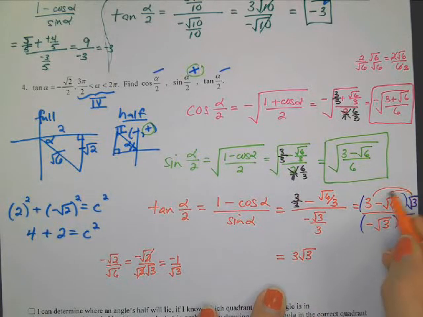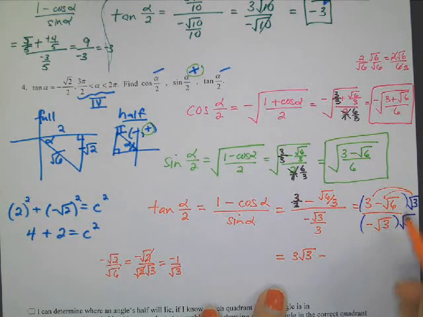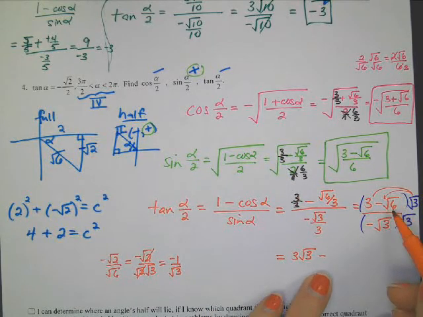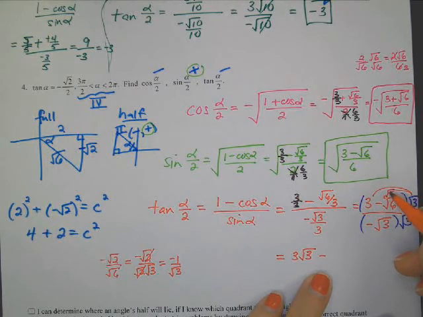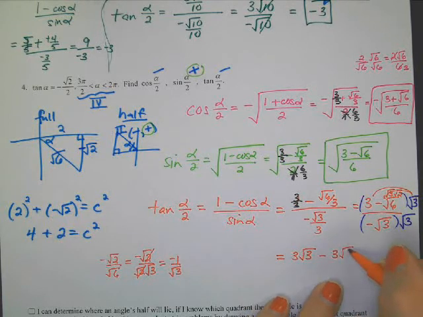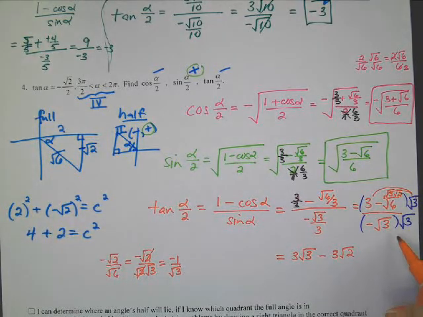radical 18. Can't radical 18 be simplified? Or maybe we should think of radical 6 as radical 3 times radical 2. So that means a 3 can come out, but the radical 2 stays like that. And in the denominator is negative 3. I'm going to give them each their own negative 3's.